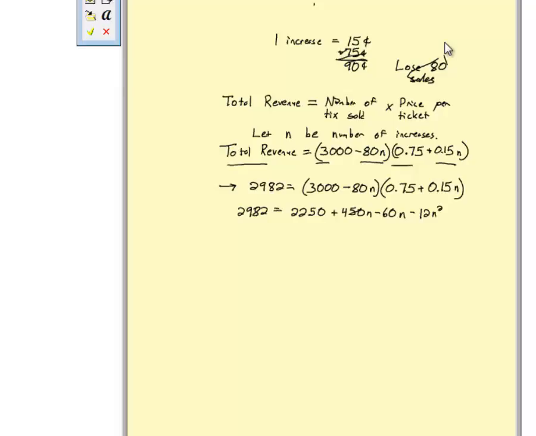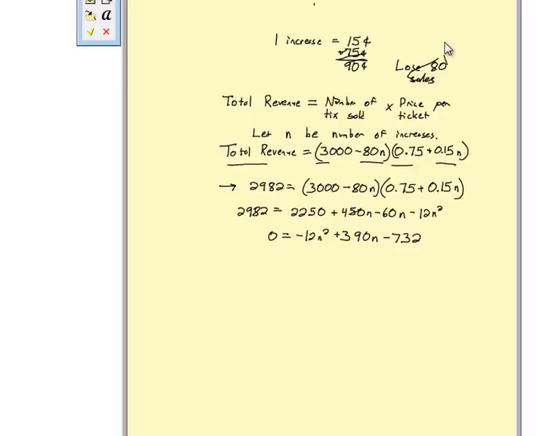Now you can do a certain amount of rearranging there, but I think you'll agree that after you do some rearranging you'll end up with 0 equals negative 12N squared plus 390N minus 732.